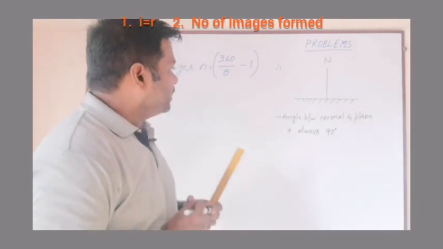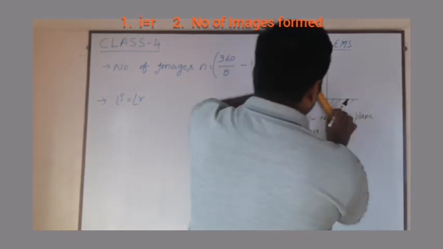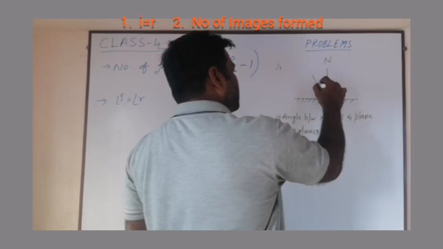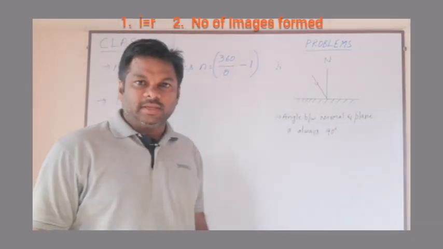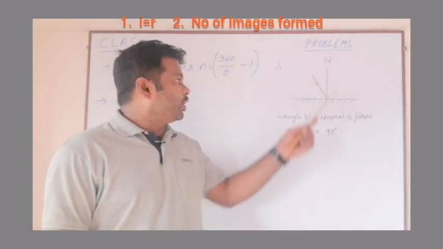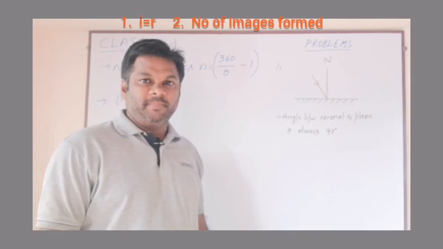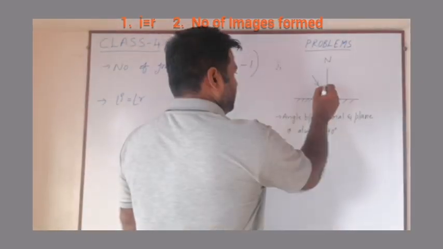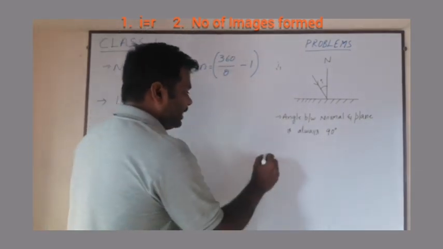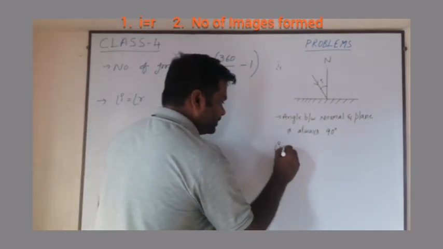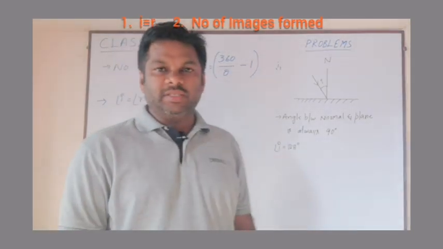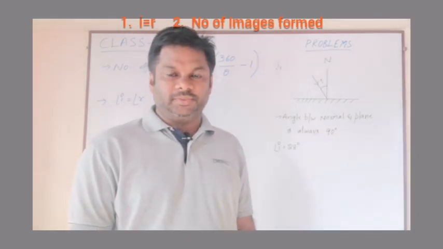Now I will give you the angle of incidence. What is the angle of incidence? The angle of incidence is the angle between the normal and the incident ray. Here the angle of incidence is 28 degrees.